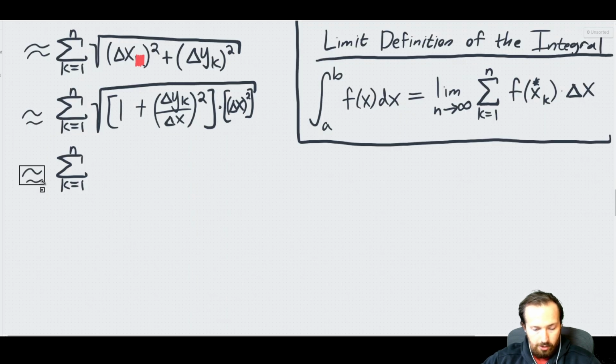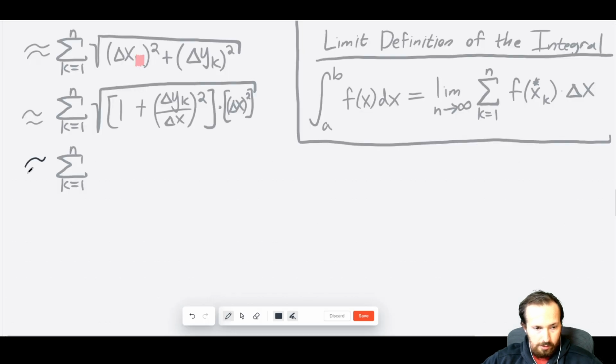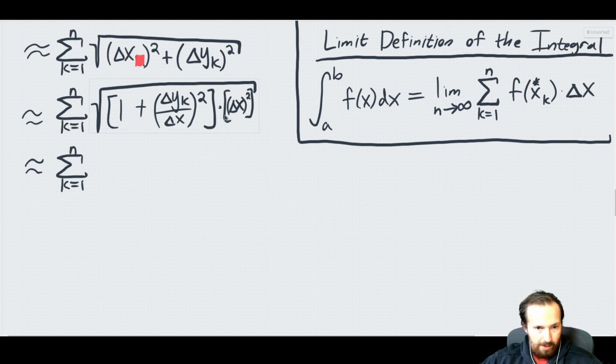You might be looking ahead. You might already see where we're going with this, but we can algebraically manipulate this into that form after you get that trick. So remember, the square root is technically an exponent, a fractional exponent, the 1/2 power. And there is an exponent property that says if you have two things multiplied on the inside of an exponent, you can apply the exponent to each of them individually and then multiply them.